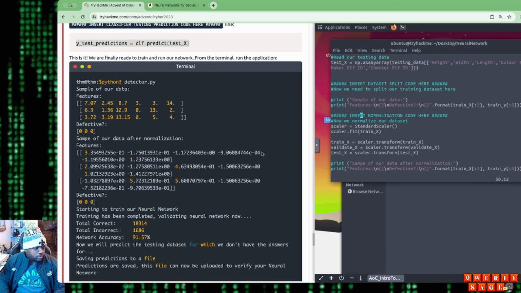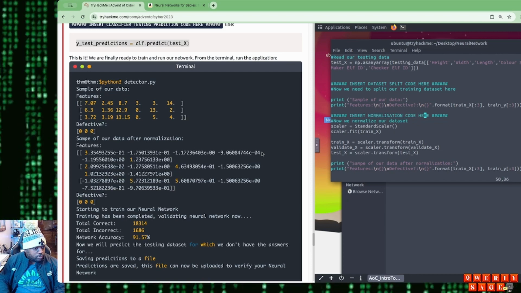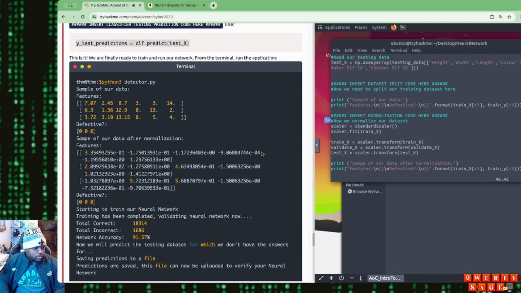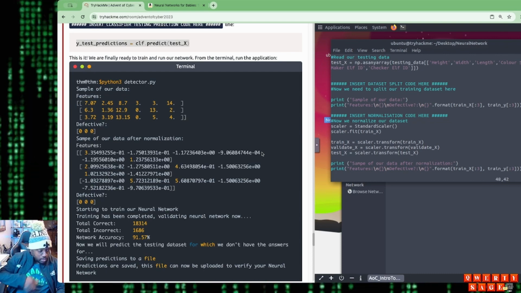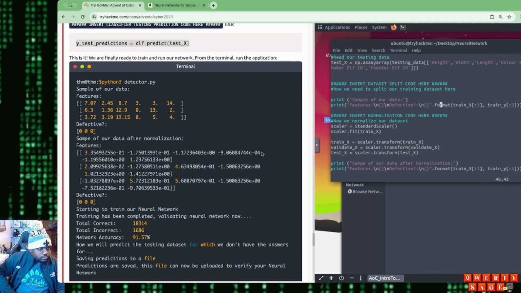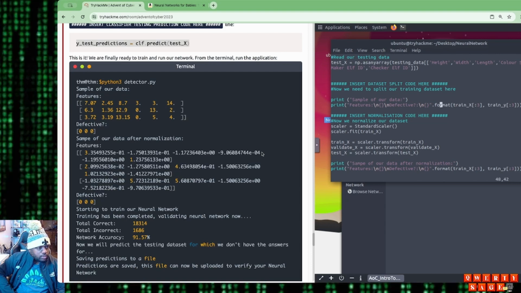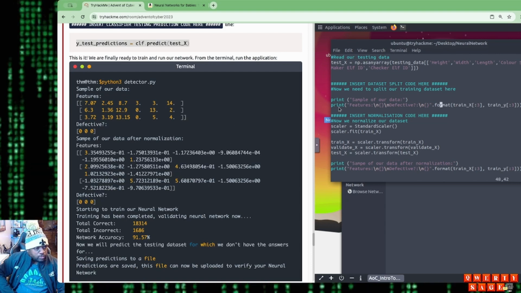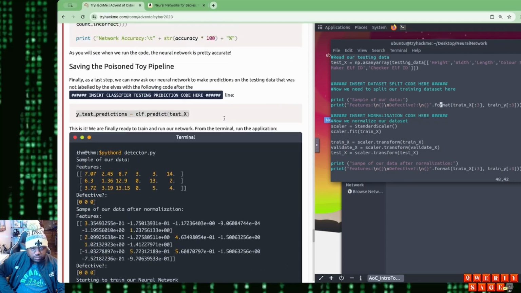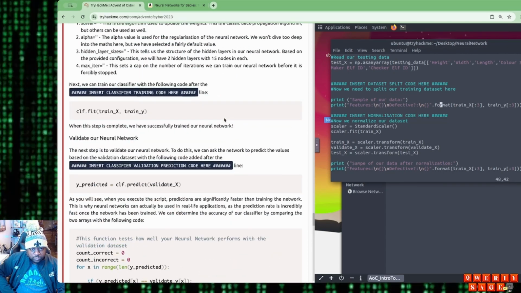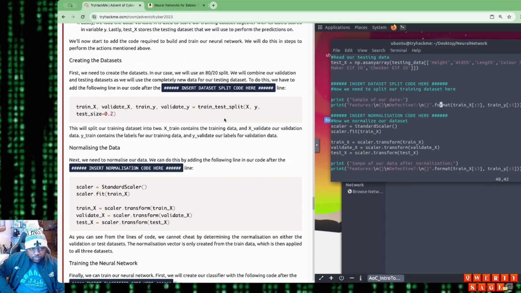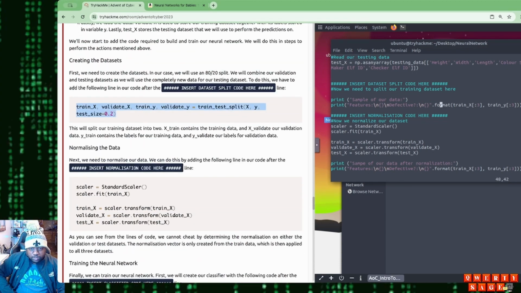Right here. Wait. That's not a line. Insert data split code. Did I glance over a line somewhere? Yeah, I did. All right.